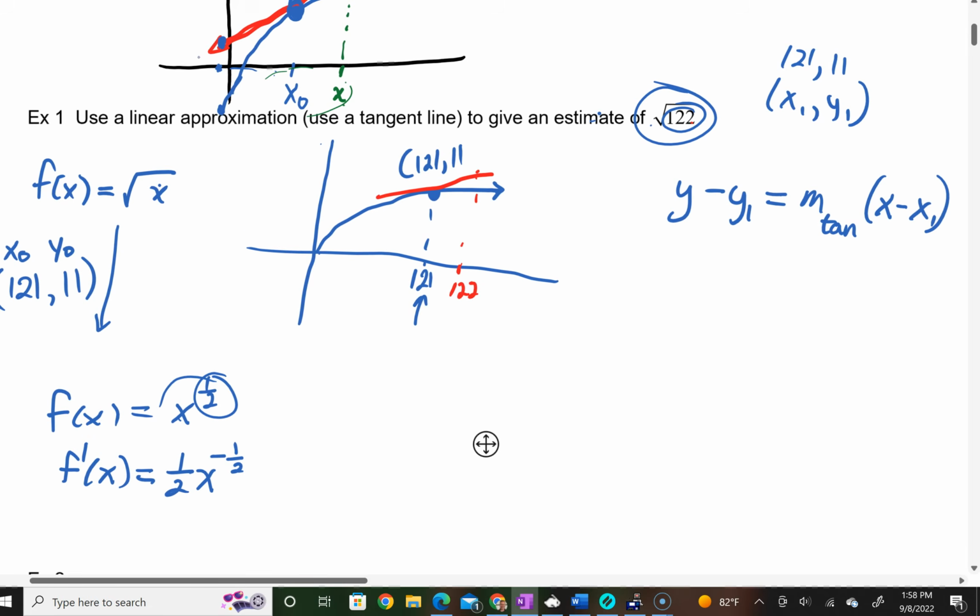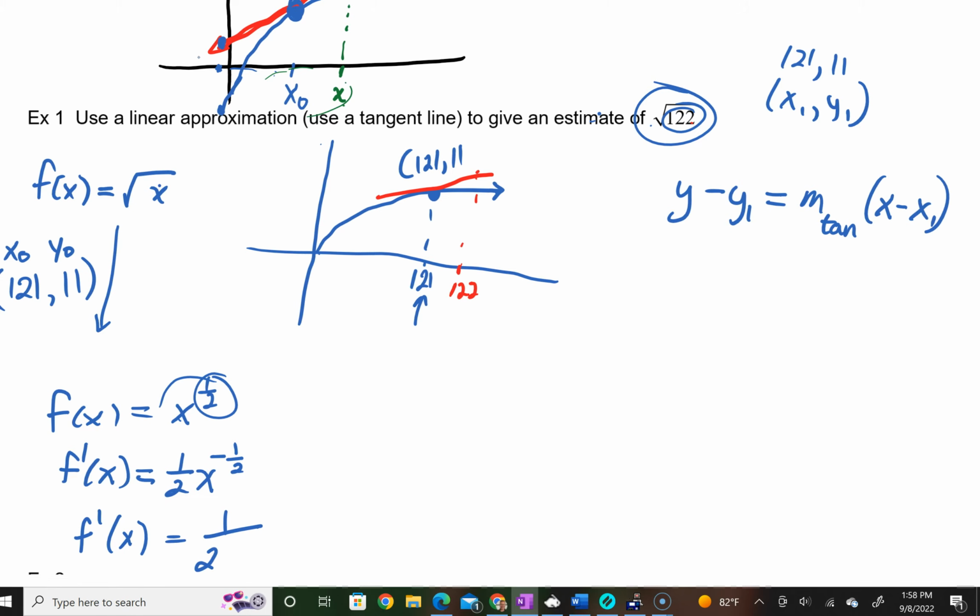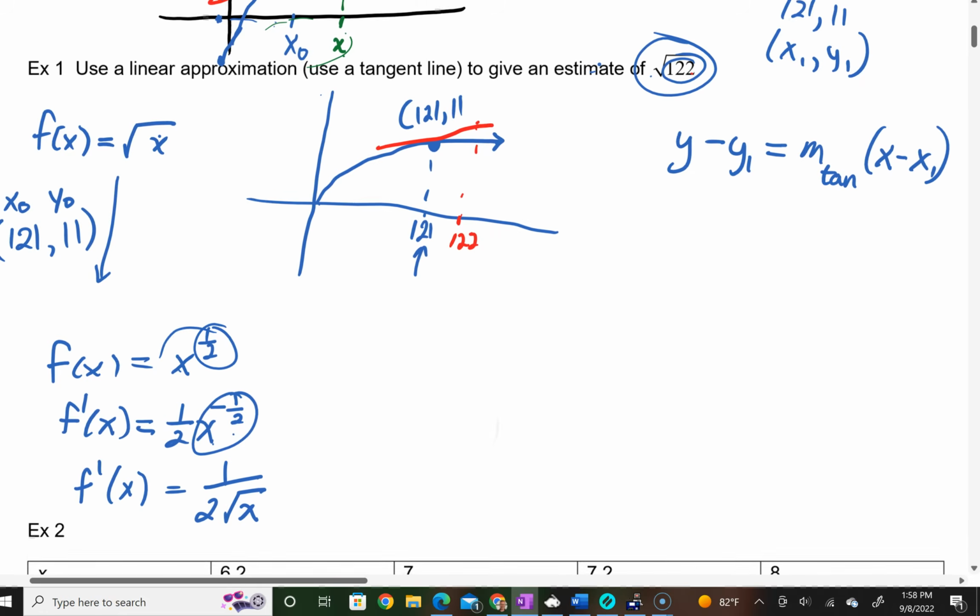And my goodness, I think you can see already, this is going to be 1 over a 2. This is going to come down to be x to the 1/2. But that's actually another way you could write x to the 1/2, is to write that as the square root of x. Well, you know what?